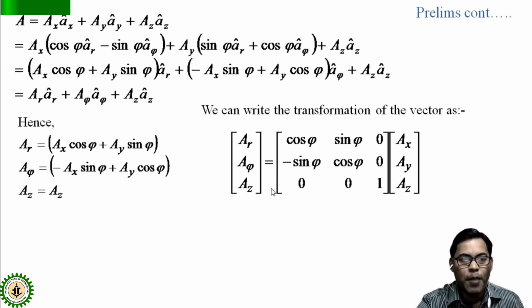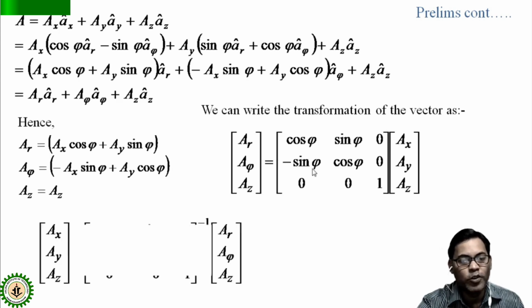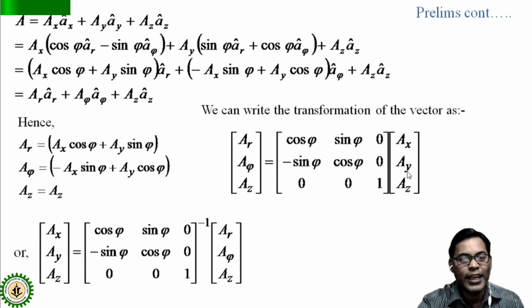But if the problem is given in the cylindrical coordinate system and we want to transform it into the Cartesian coordinate system, from this matrix form we can find the expression. Ax, Ay, Az will be equal to the inverse of this matrix into AR, Aφ, Az.